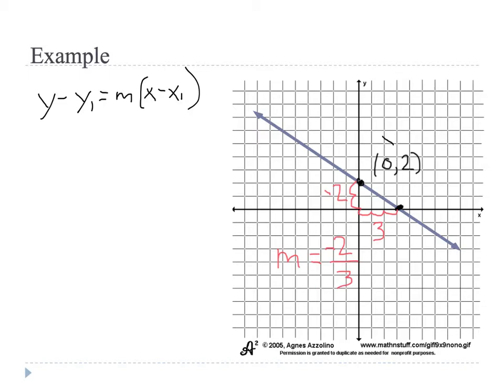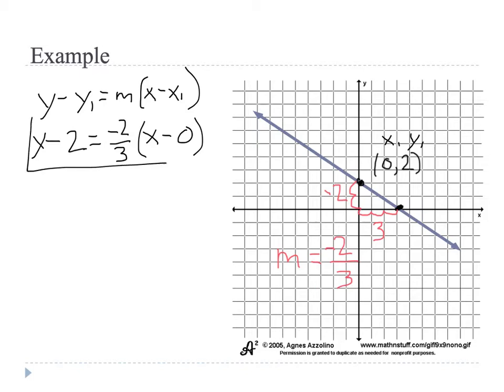I'm going to label my point x1, y1, so I know exactly where it goes in and I don't confuse my x and y coordinates. So plugging this in, y minus y1, which is 2, is equal to our slope, which is negative 2 over 3, times x minus x1, which is 0. And we have our equation in point slope form. That would be our final answer.